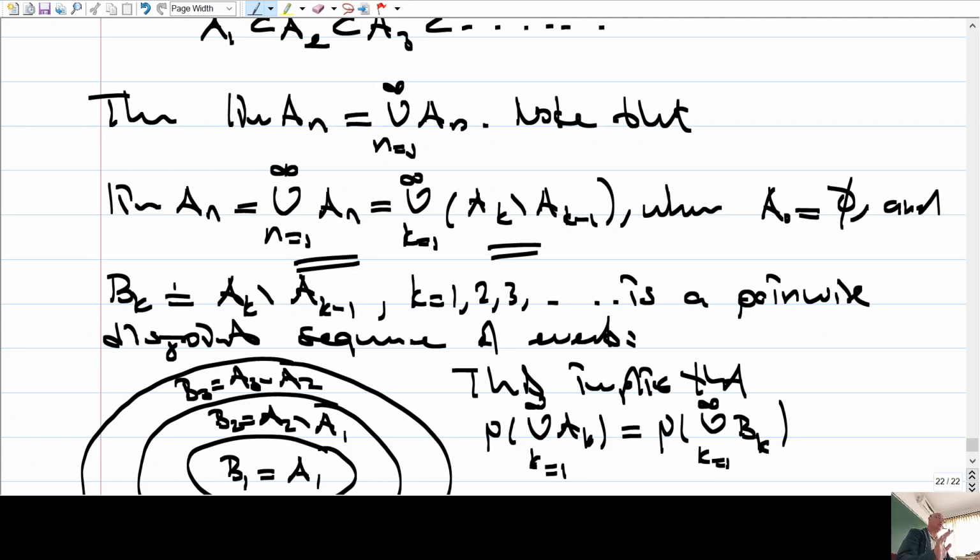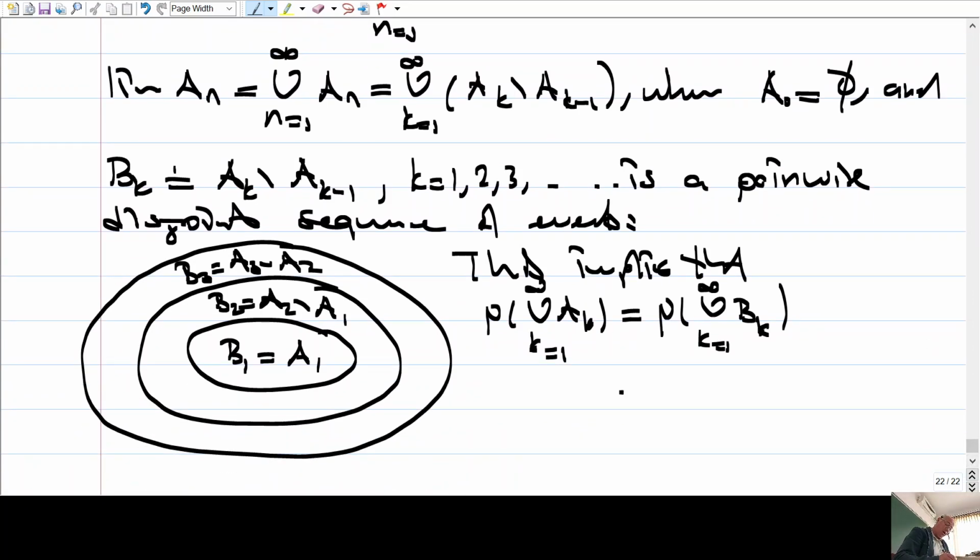So these two unions are the same. However, the second union is a union of disjoint sets. Okay, that's the advantage. And since they are disjoint, I can write the measure of this as the sum of these terms.